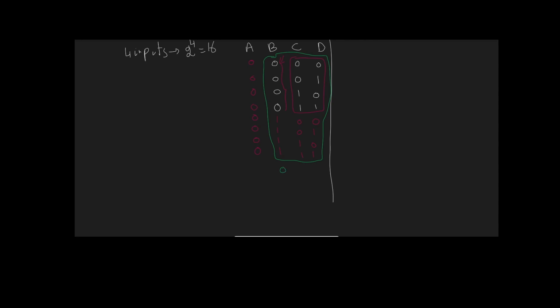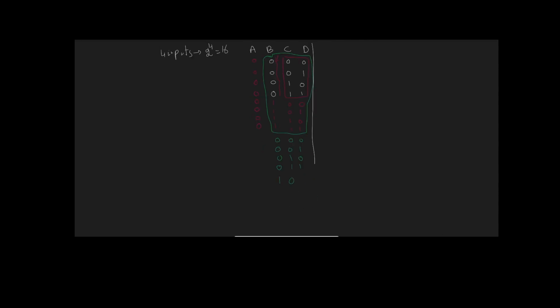So we do 0, 0, 0, 1, 1, 0, 1, 1, and so on for the rest. Now instead of 0, we write 1 all the way down. So this is our 16 rows.